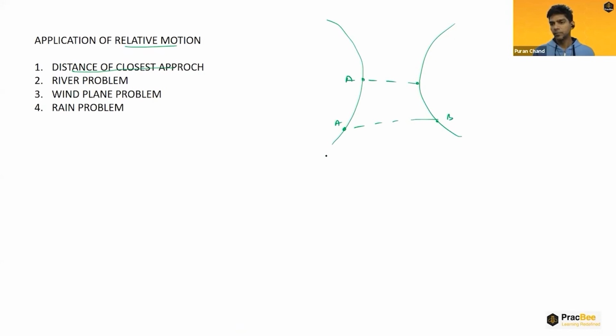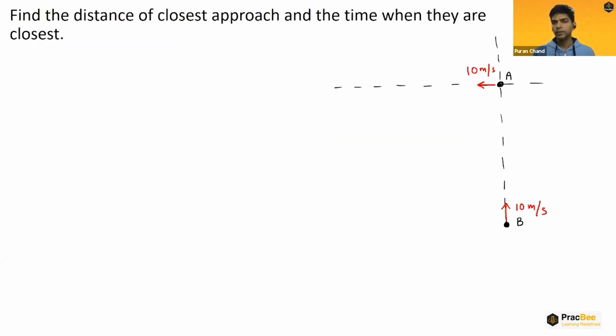We have to find the smallest distance between them. Such kind of a question. And then there are river problems, wind plane problems, and rain problems. So let us first understand this distance of closest approach with an example.